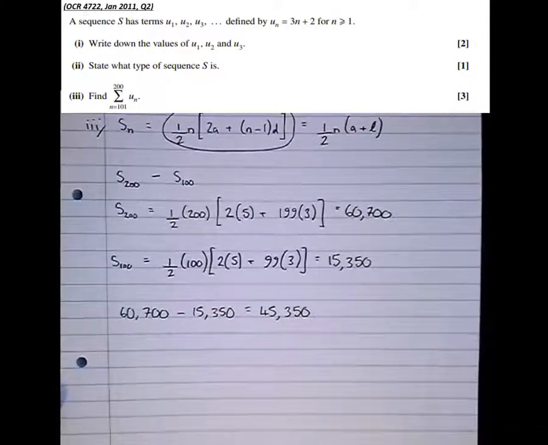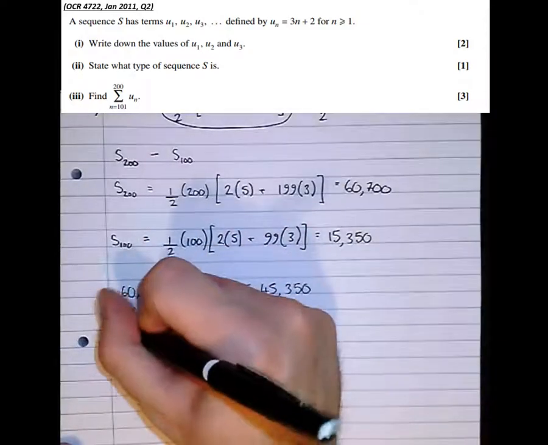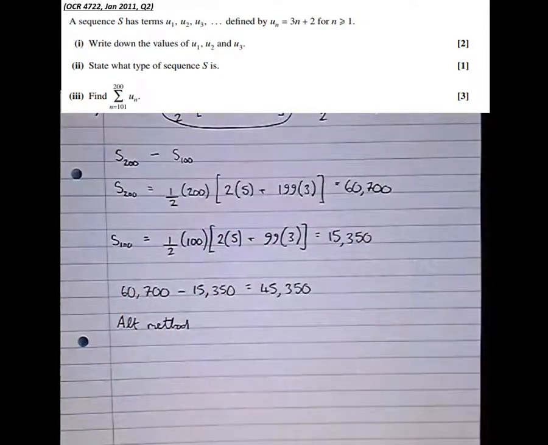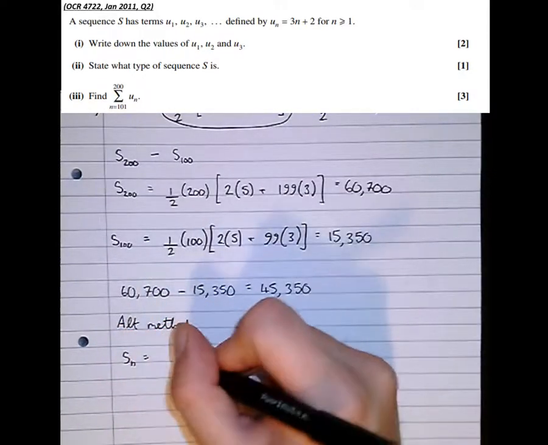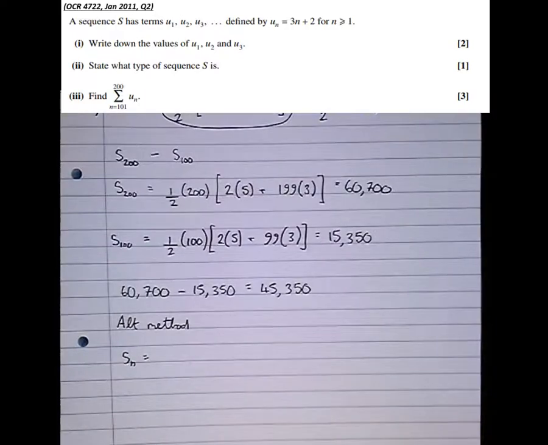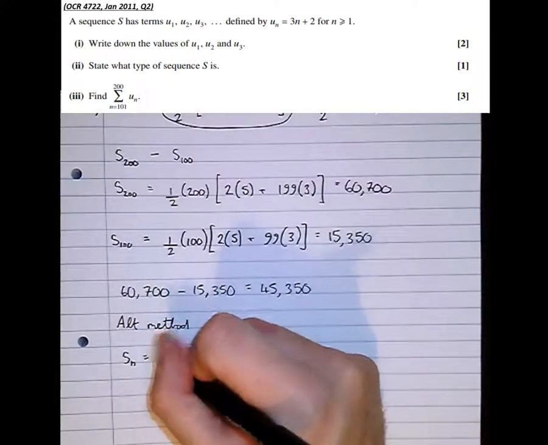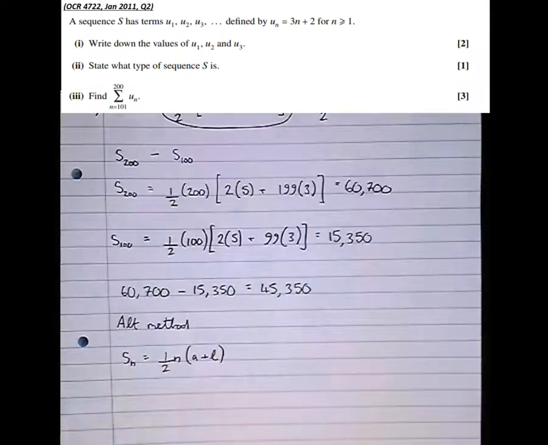So alternative method, and I think this half n (a plus l) formula is best used in situations like this, where the lower limit of a sum isn't equal to 1. Okay, so Sn equals a half n (a plus l).